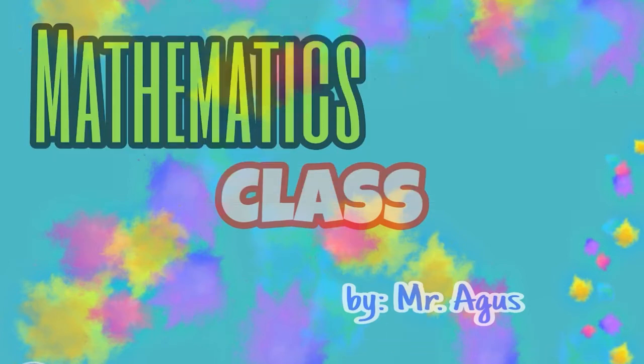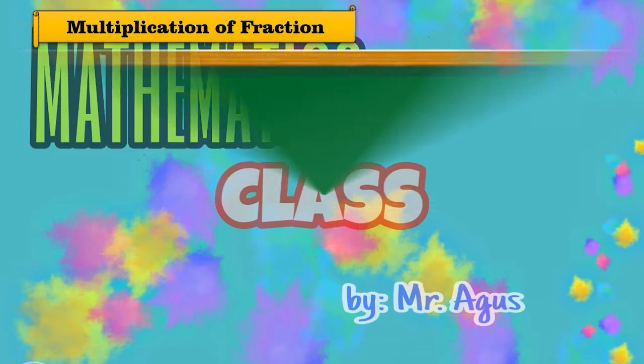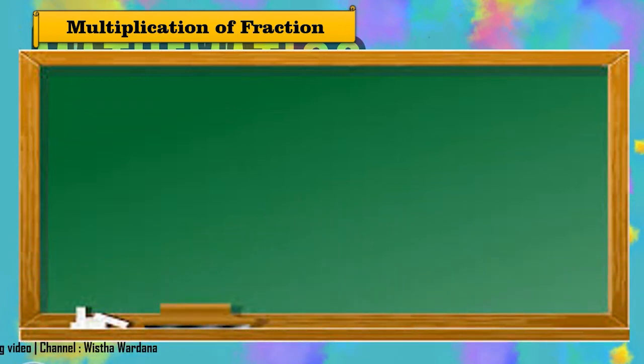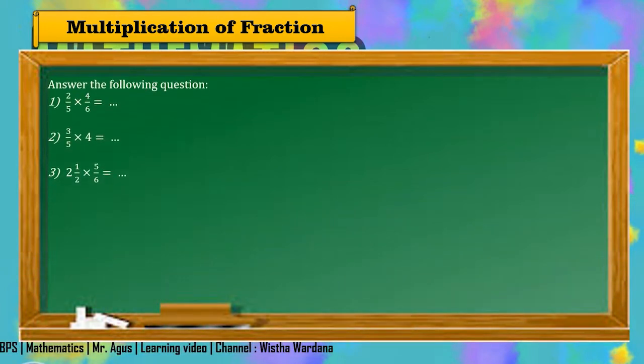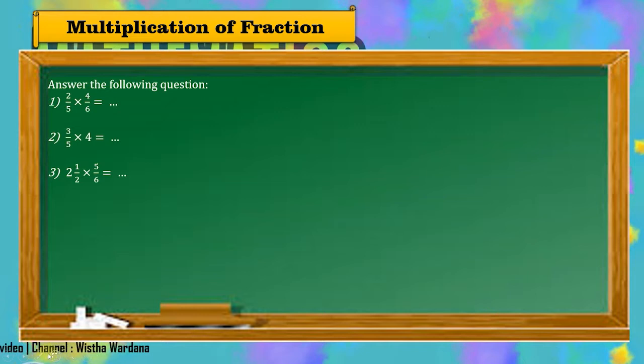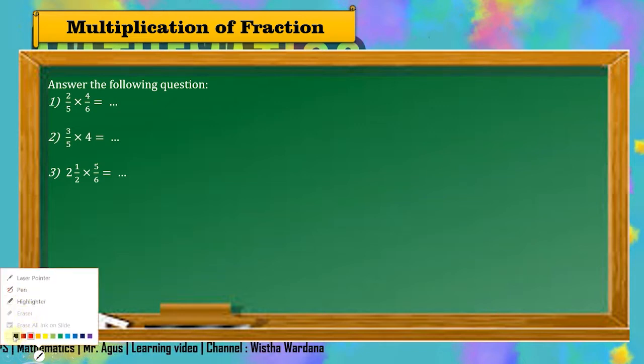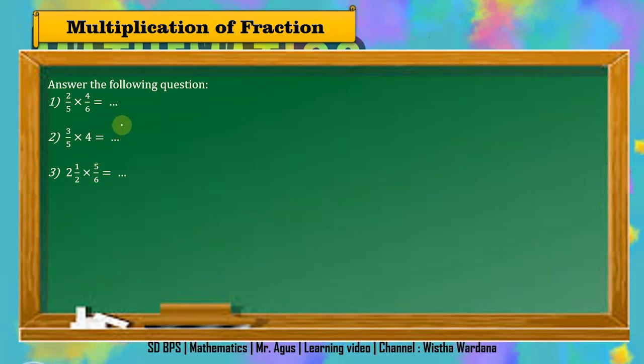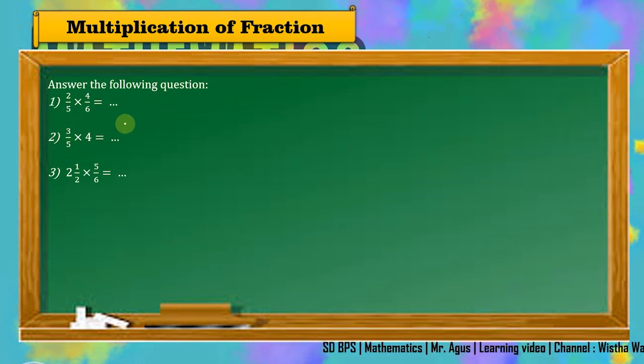Start from the first subtopic, which is multiplication of fraction. I would like to go directly to the example because it will be easier to explain multiplication of fraction when you get the example first. In the first example, we have number 1, 2 per 5 times 4 per 6.